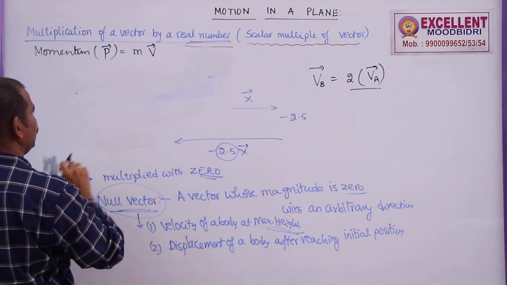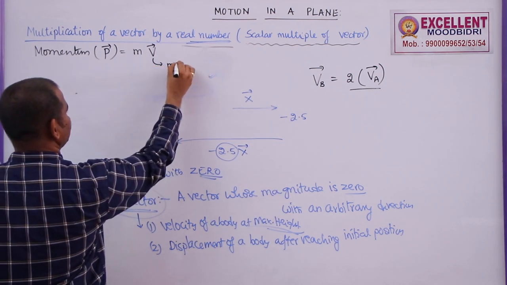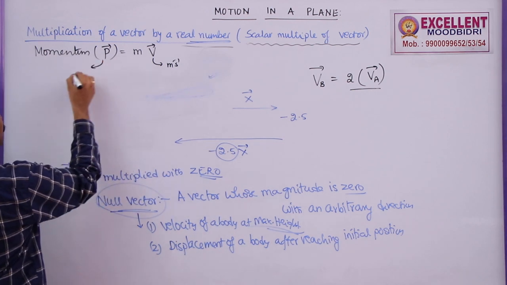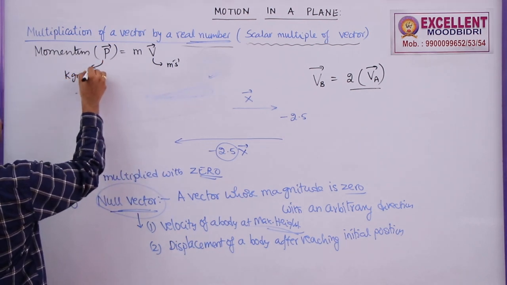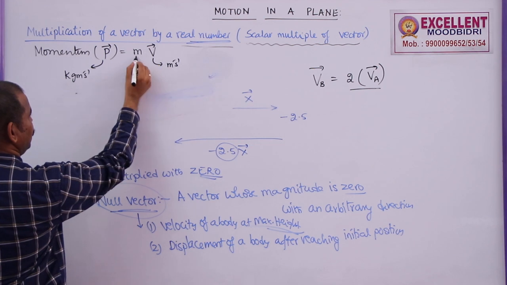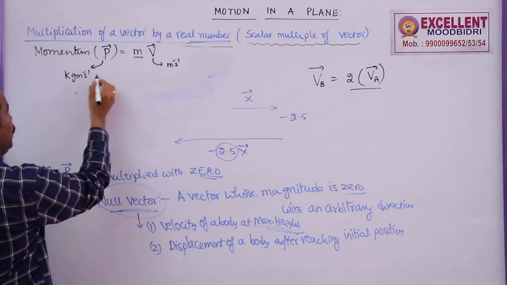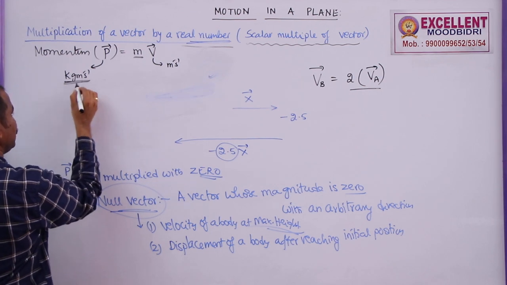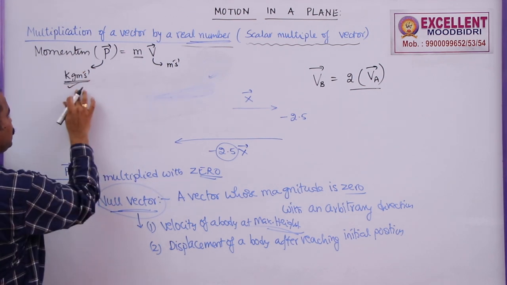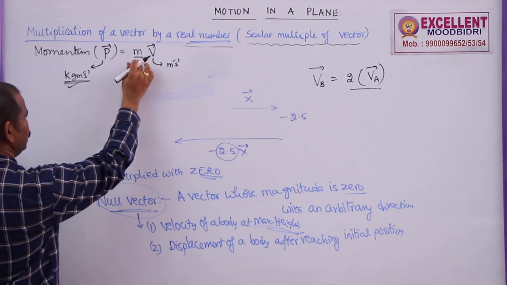As a result, the velocity has units meter per second and the momentum has kg meter per second. That means velocity is multiplied by m and it gives another physical quantity whose dimension formula as well as the SI unit also changes accordingly.